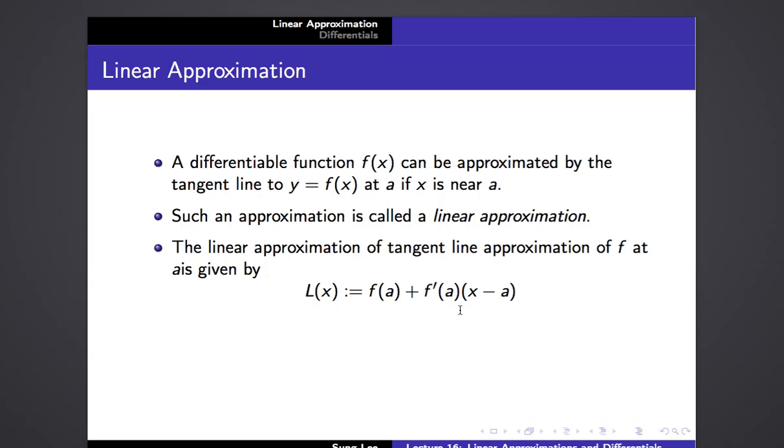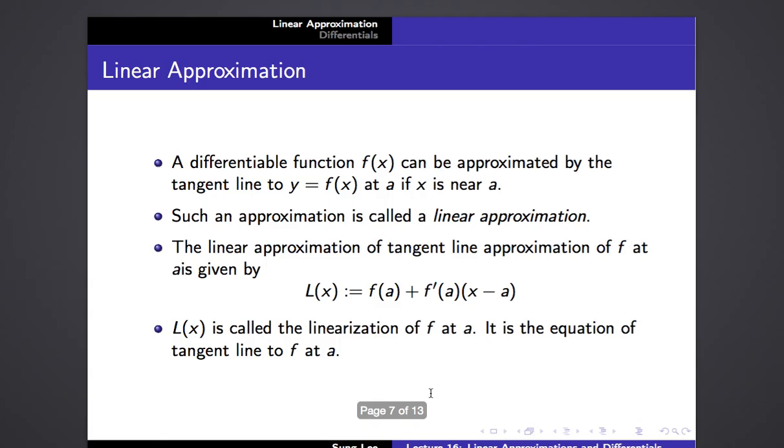So here, L of x, that's what we found, and this L of x is called the linearization of f at a. In fact, you might have noticed, it is the equation of the tangent line to f at a.